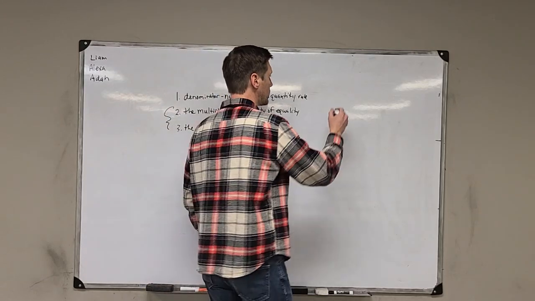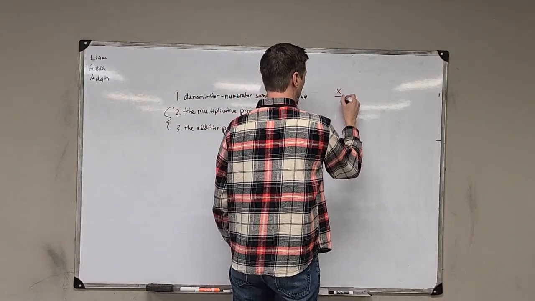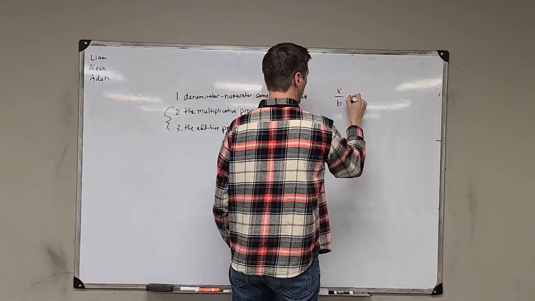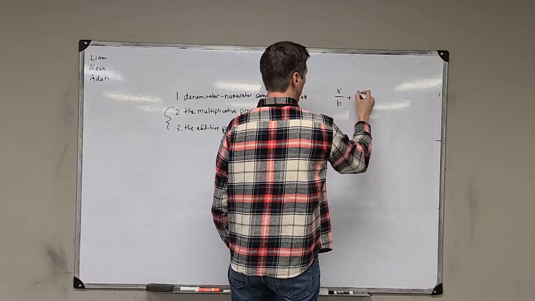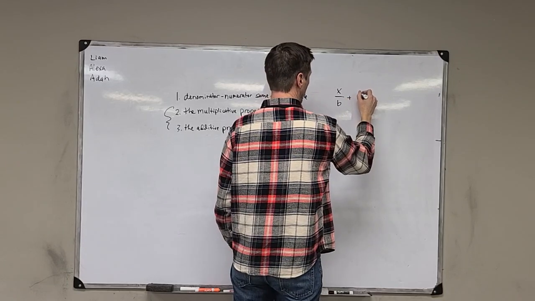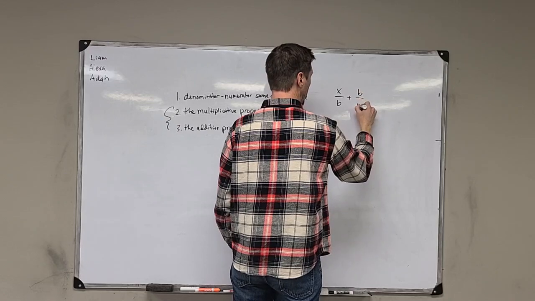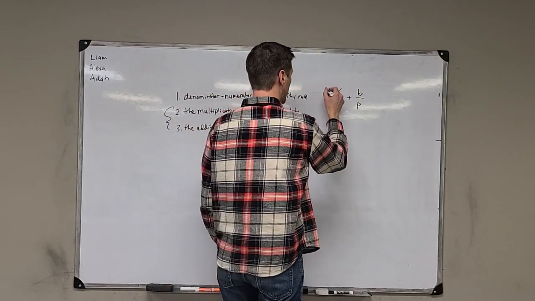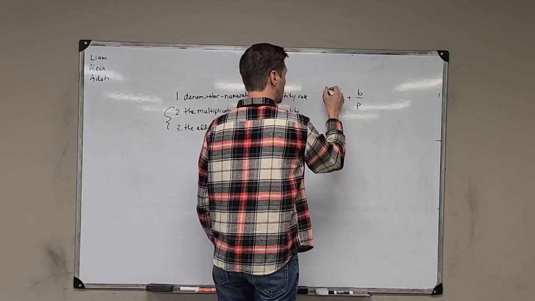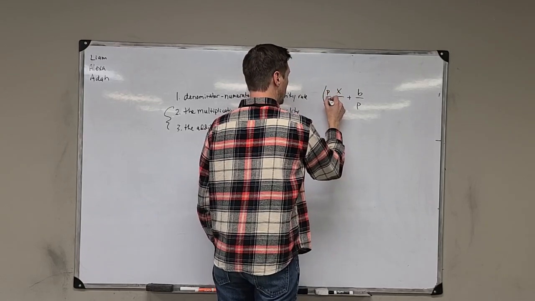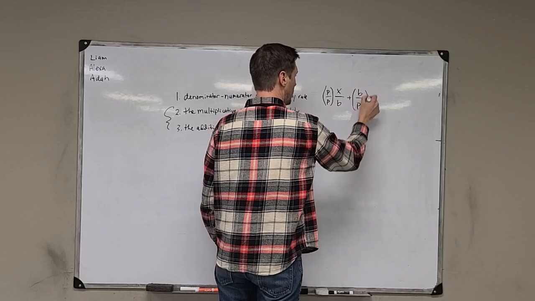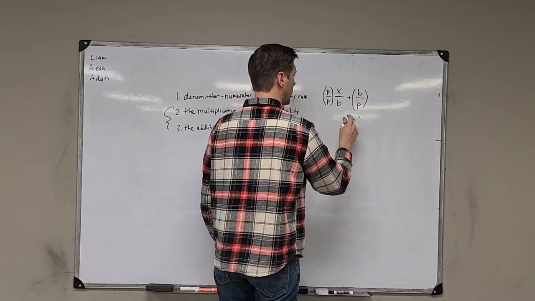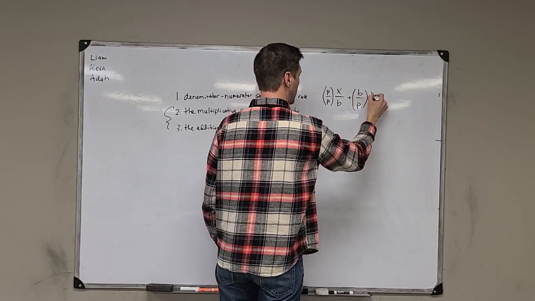So we were doing some things where we had x over b plus, let's see, b over p, all right? And I wanted to combine those together. What we did in this case is we multiplied top and bottom of this one by p over p. This is the way getting common denominators works, right? And then we multiplied this one top and bottom by b over b.